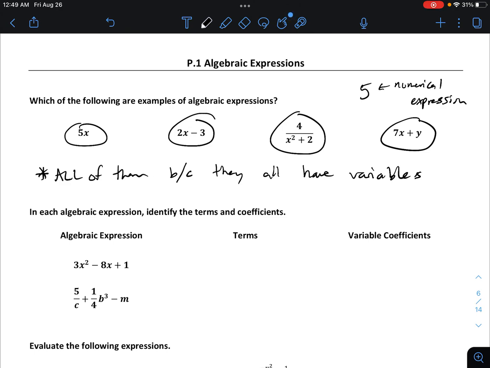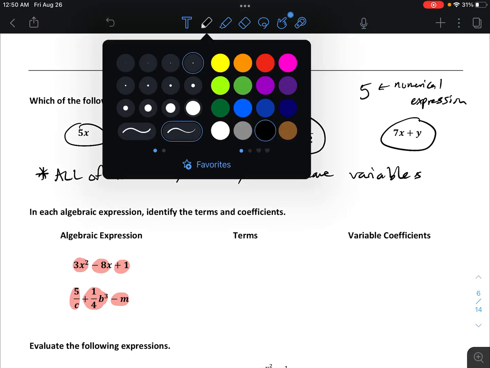All right, so next, in these algebraic expressions, identify the terms and the coefficients. All right, the terms are each thing separated by a plus or a minus sign. All right, so we have 3 terms in the first one, and we have 1, 2, 3 in the second one. All right, so those are my terms.